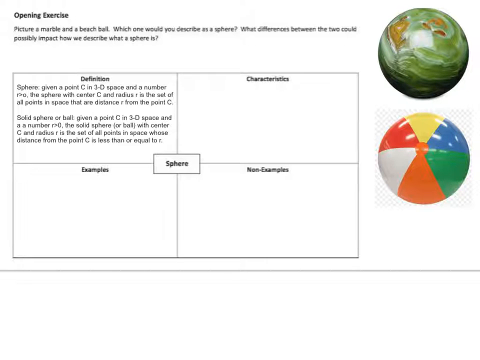That means it can be as far out from the center as the radius, or anywhere between the radius and the center. It's solid, so it's going to fill everything in, right?